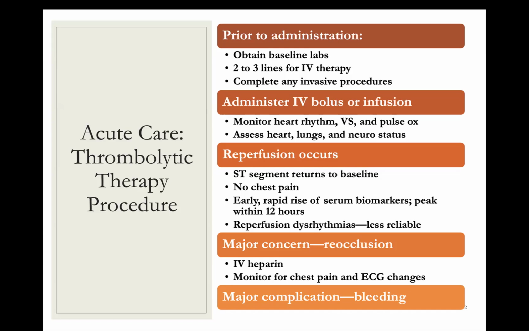We know when it starts to work because we're checking 12 lead EKGs and we start to see that ST segment returning to that baseline. So we're not seeing the ST elevation anymore. The chest pain starts to go away, and then we start to see the peak of the troponins within 12 hours, and then they start trending back down.